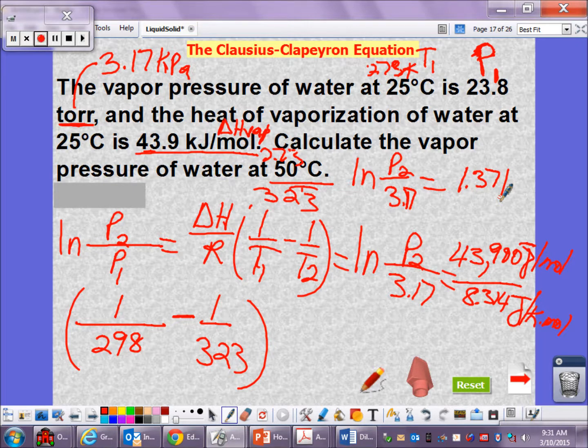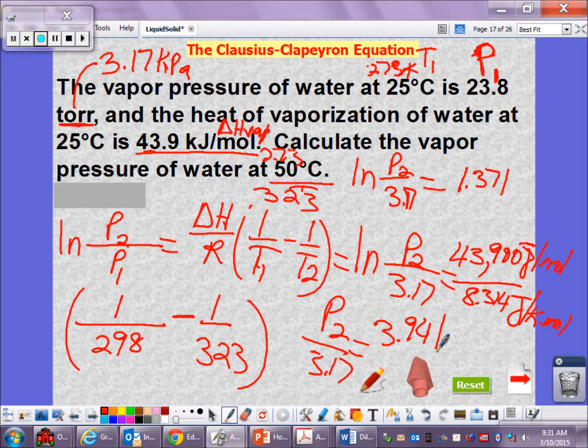I think the easier thing to do here is take the anti-natural log of both sides, so we can get rid of that natural log. So P2 over 3.17 equals e to the 1.371, which is 3.941.